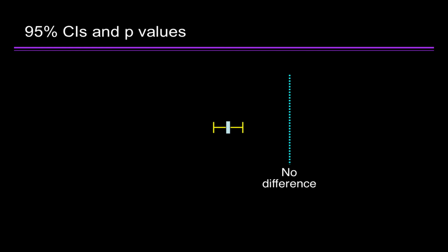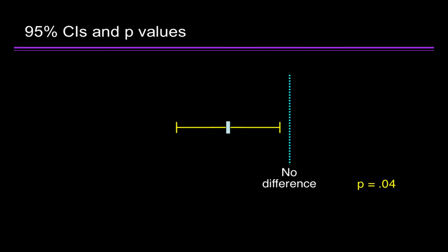So here's a confidence interval. It's pretty tight and it doesn't come anywhere close to no difference. It actually tells you something about the p-value. It's going to be very small, in this case less than 0.001. But as the confidence interval gets closer to touching no difference, the p-value will rise. Here, p equals 0.01.